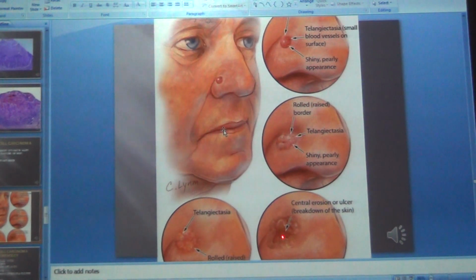If these ulcers are deep, they can involve underlying bones such as the maxilla or other underlying structures, and this type of deep-seated ulcer involving underlying bone is called rodent ulcer. Here is another basal cell carcinoma showing telangiectasia and raised or rolled edges.